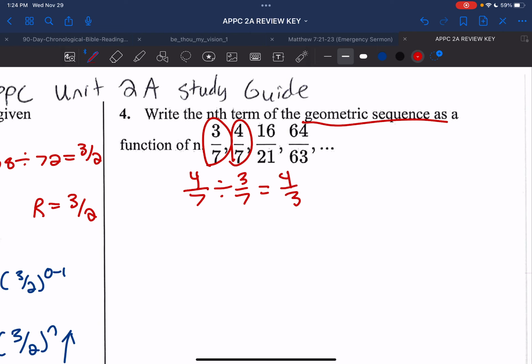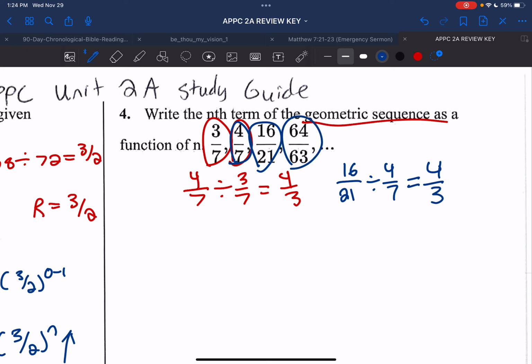That's a weird fraction, so I would check it again just to make sure. It's okay to get a weird fraction for your ratio, but let's write it again. So 16/21 divided by 4/7, just to make sure it still checks out. Yep, 4/3 for that one.